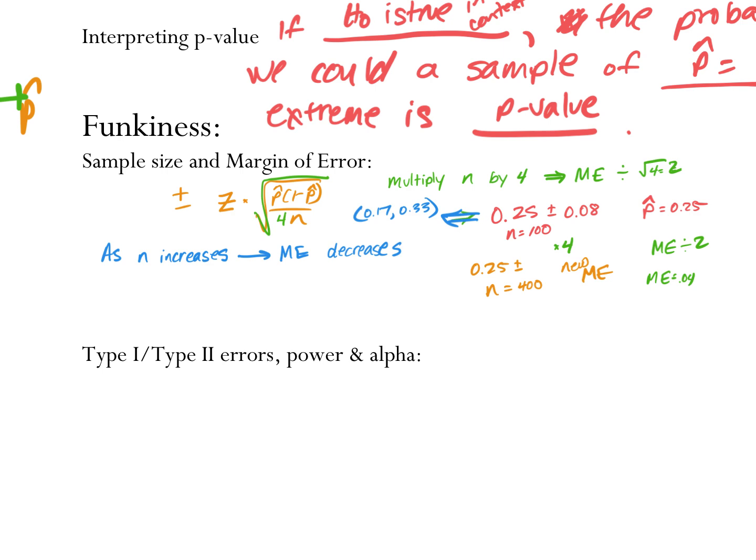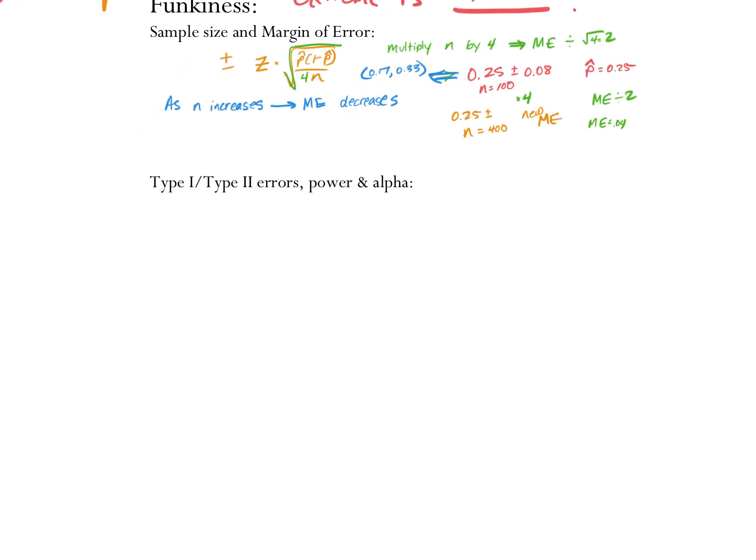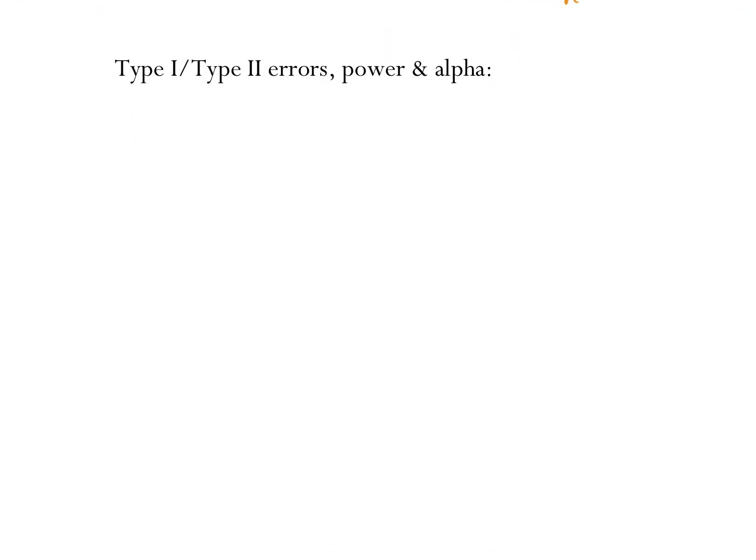Okay? Now, type 1, type 2 error, power, and alpha, those all apply to tests. Is everybody good? And so a type 1 error is the null is true. We reject the null.